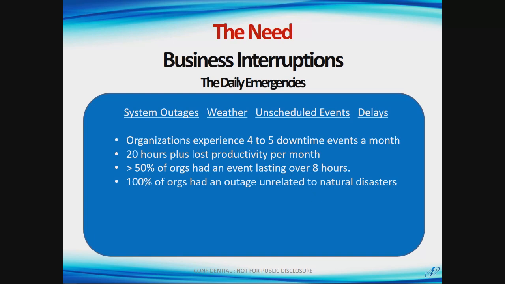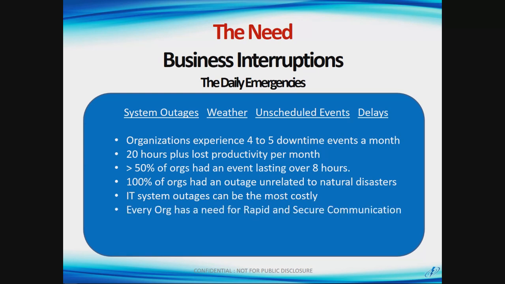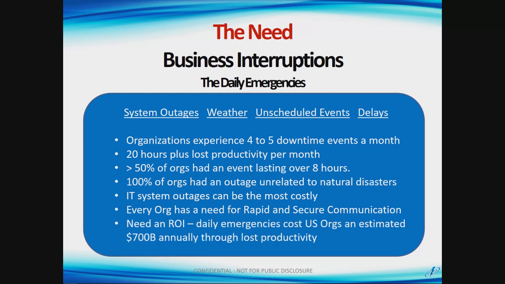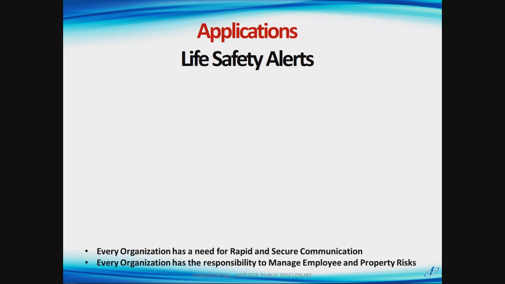Now, 100% of organizations have had some sort of outages, especially with big disasters. IT system outages can be the most costly though, when we lose servers. Every organization has a need to have rapid and secure communication. And there is an ROI because daily emergencies annually are amazingly expensive.